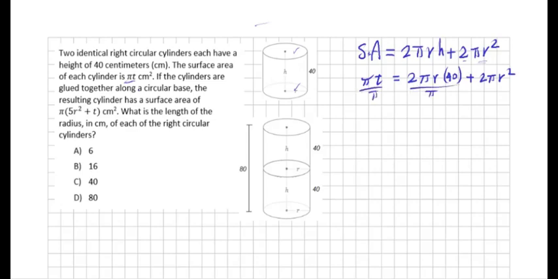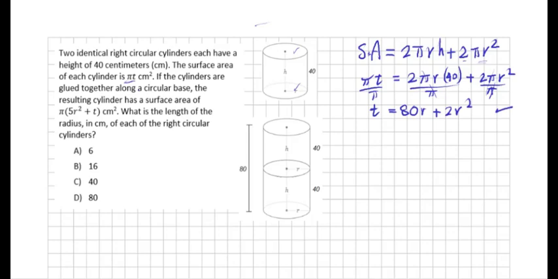Pi cancels pi, so t equals 2 times 40, which is 80r, plus 2r squared. We keep this equation for later.